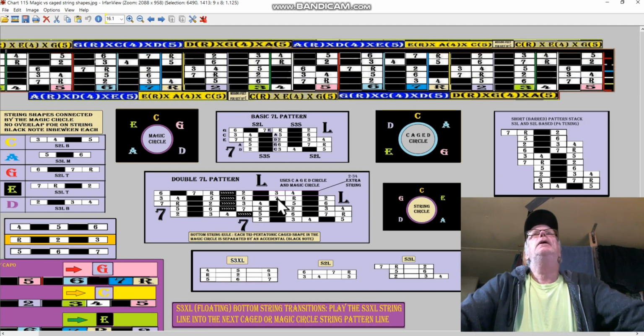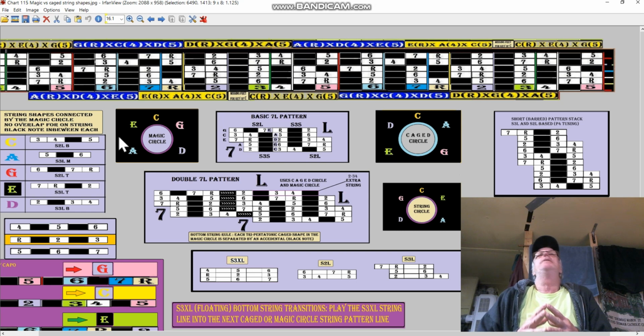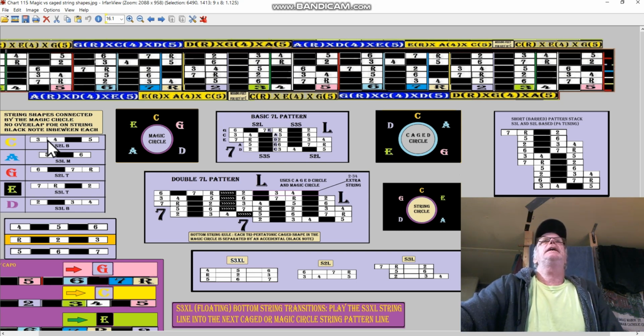All right, so the string cycles circle is a little difficult to explain sometimes, but let me just recapitulate that what we're doing here is treating each of these string fragments as if they were the bottom string here and starting them anywhere, and then making a magic circle transition or even a cage transition, but mostly magic circle transitions.